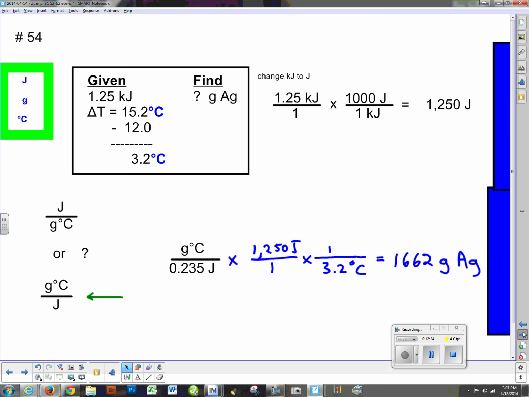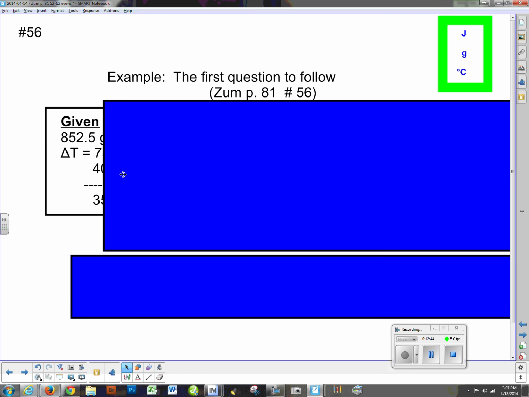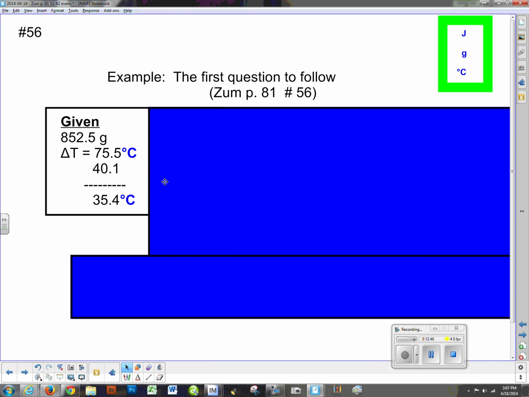Okay, one more, and then we're done. I'm going to go through this kind of fast. So in number 56, question? No, okay. In number 56, this is what we're given. We got grams and a temperature change. And the temperature went from 40.1 up to 75.5.